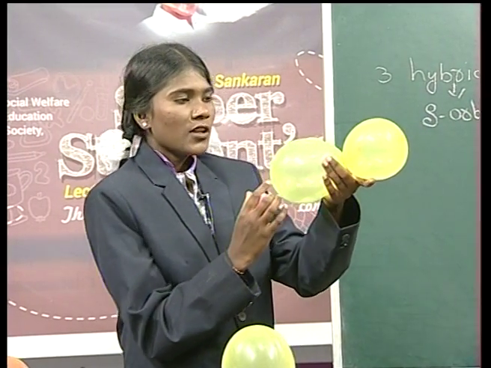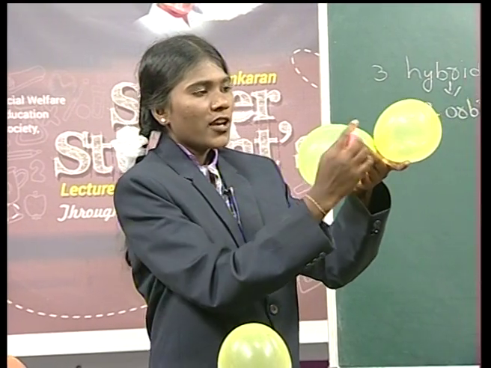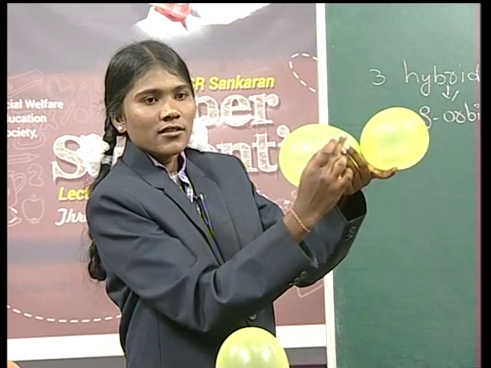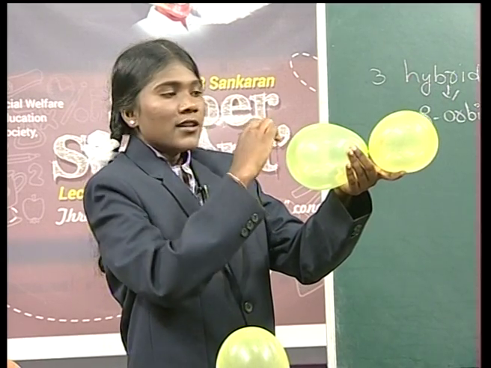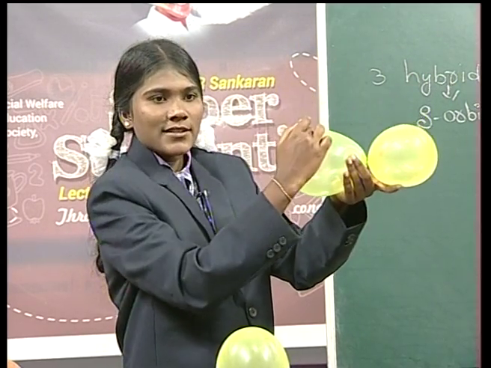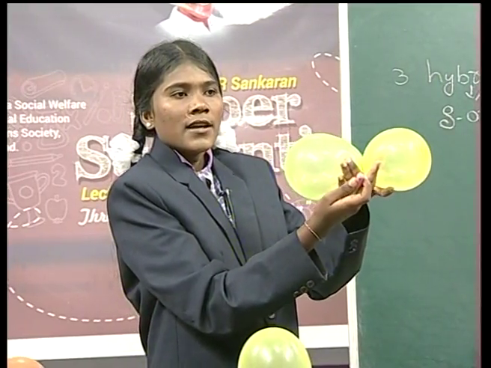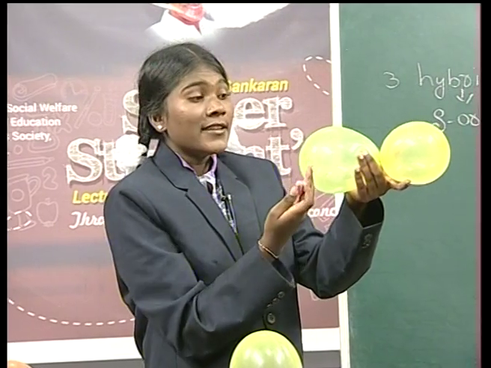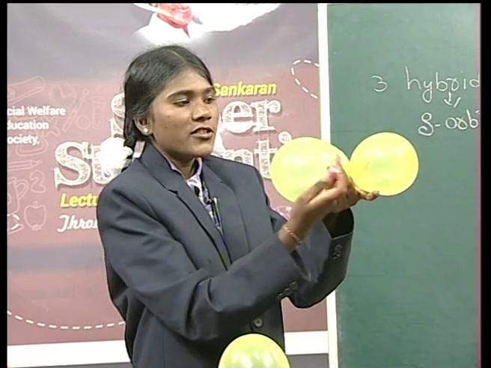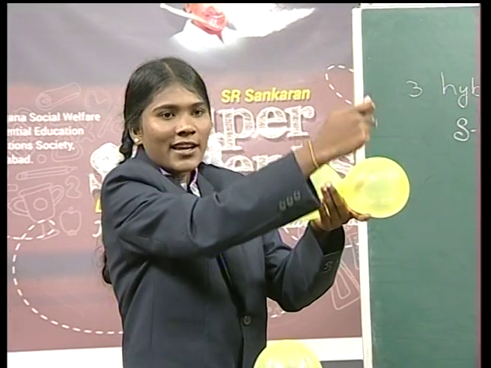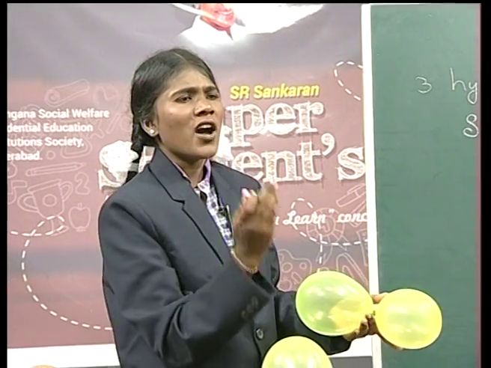What is the bond angle here? The bond angle is 180 degrees. And what is the shape of these 2 balloons? The shape is linear, and the bond angle is 180 degrees. Are you getting my point? I think you understand very well.